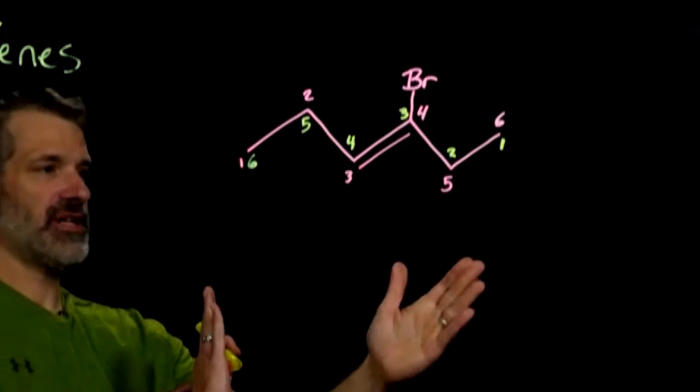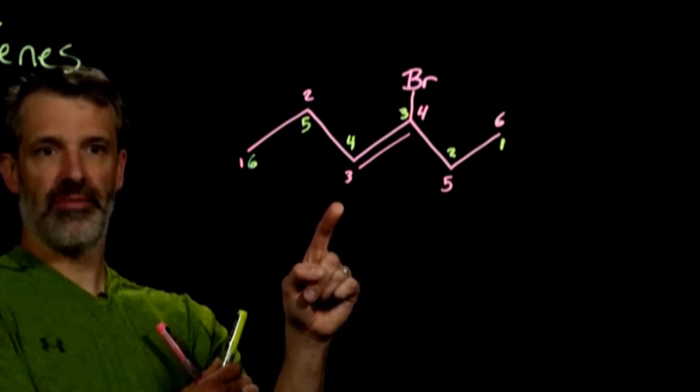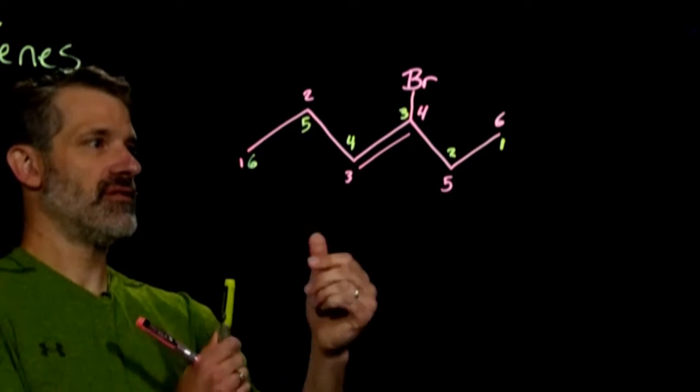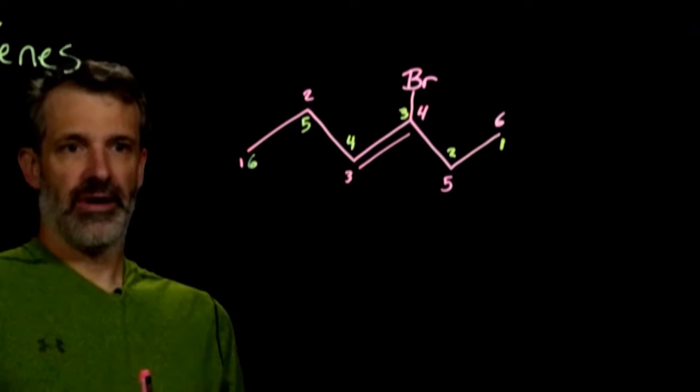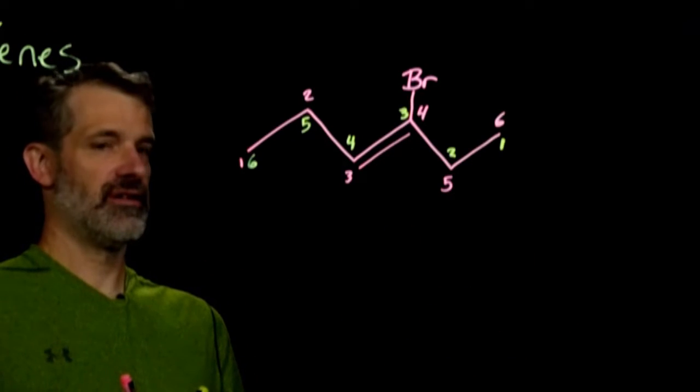Now in both directions, the numbering for my alkene carbon is at position 3, going left to right, and it's also at position 3, going from right to left.